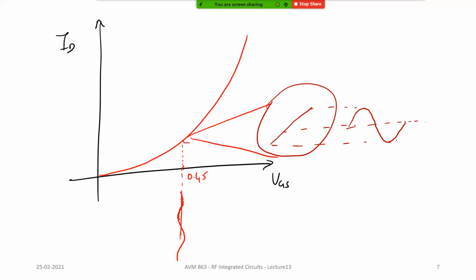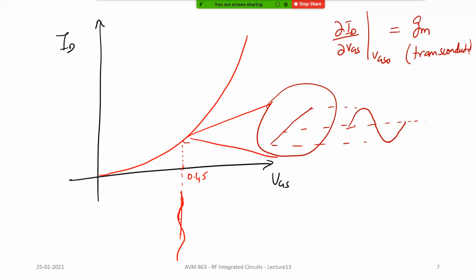So you have a device which is quadratic in its nature, but when you apply a small perturbation or a small signal on top of a DC bias, the variation in the current is taken to be linear, and this transfer function is taken to be the transconductance, right? Because you have dou ID by dou VGS at a given VGS naught, which is taken as gm, called the transconductance.